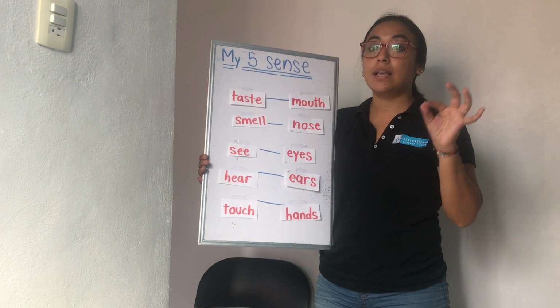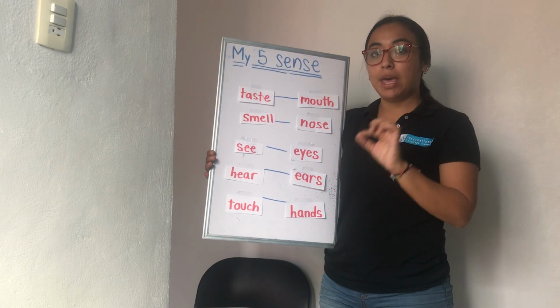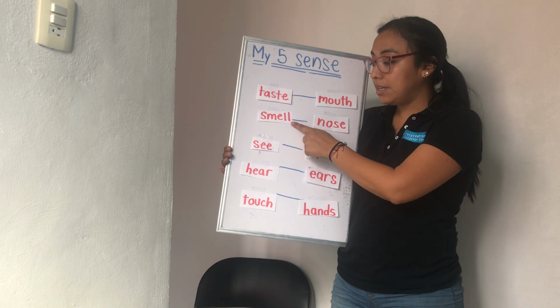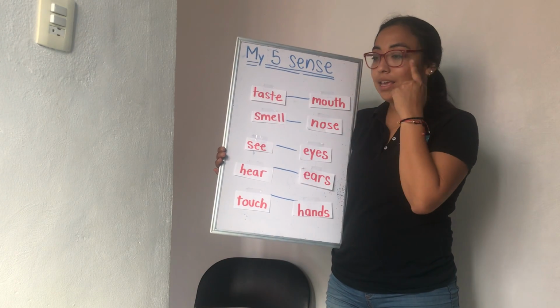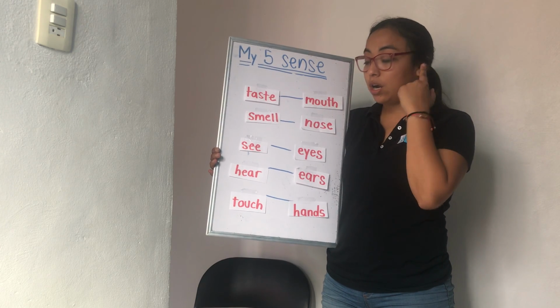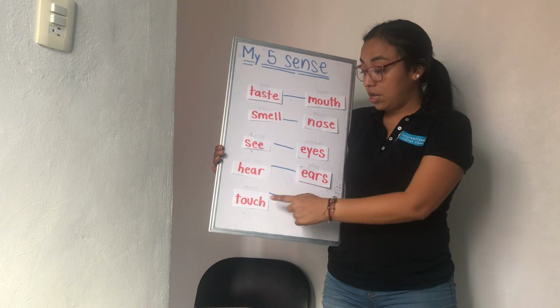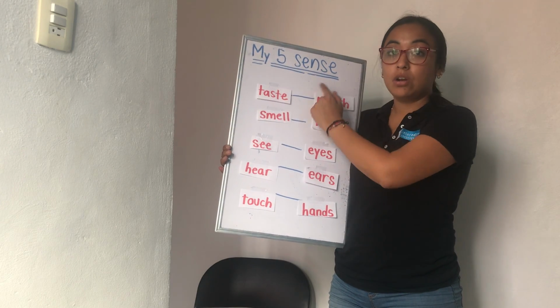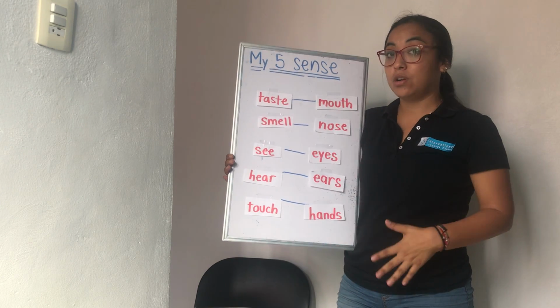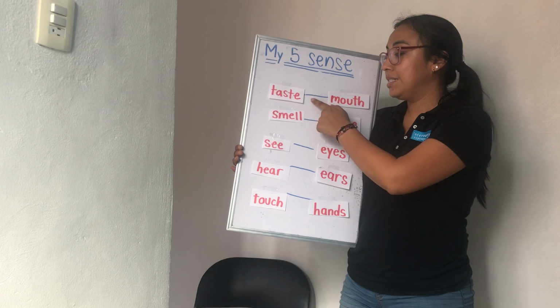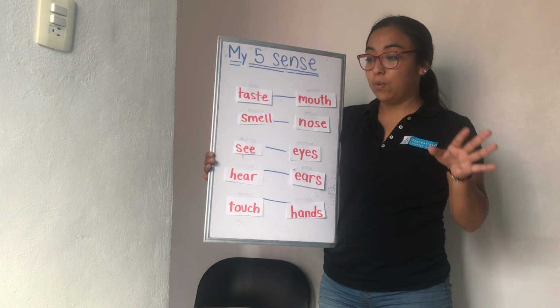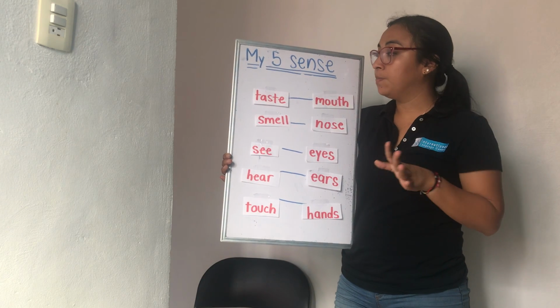Recuerden que no es smell, es smell, comenzando con una S, smell. Taste, smell, see, hear, and touch. No tenemos touch en el libro, pero también es parte de los 5 sentidos, okay? So you can also learn, pueden aprendérselo también. Taste, smell, see, hear, and touch.